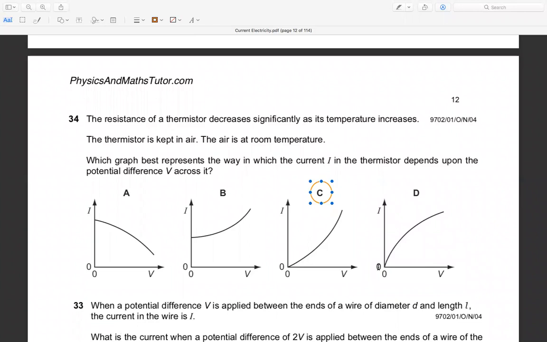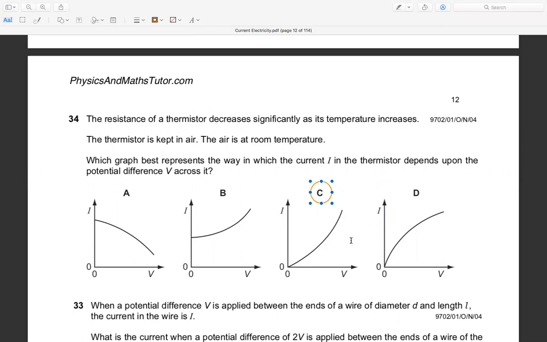And when the temperature rises, it means the resistance will decrease.